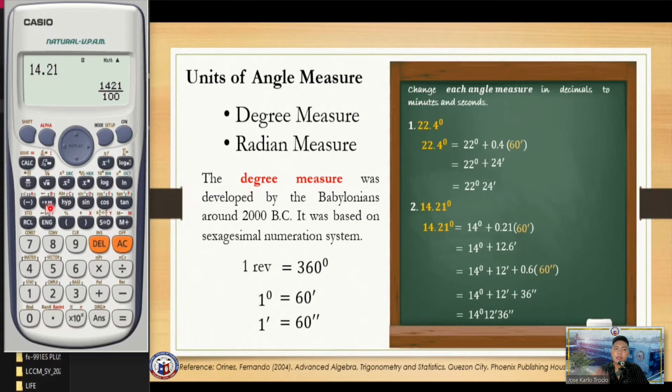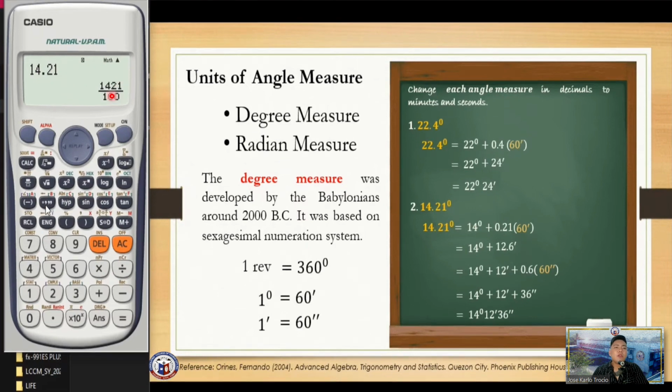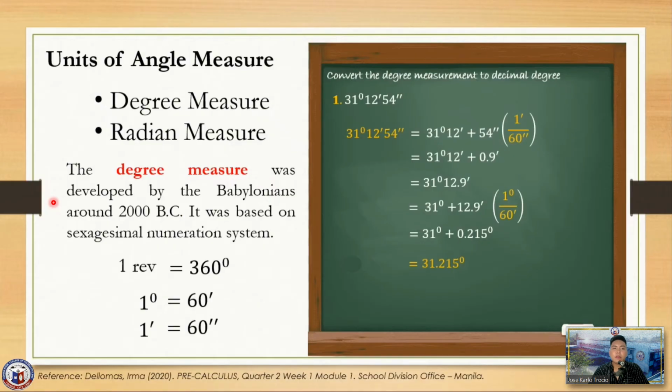So just click that one, and you will have the answer like this. You have 14 hours, 12 minutes, and 36 seconds. Or you can just type in 14.21 and simply click this button, and then you will have the conversion. Okay, let us continue.